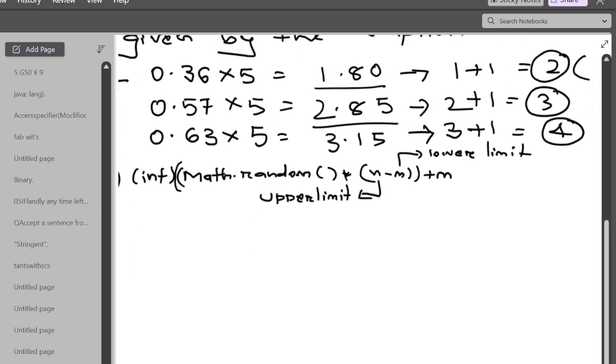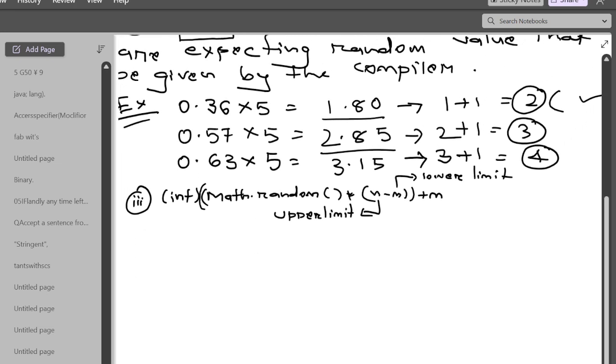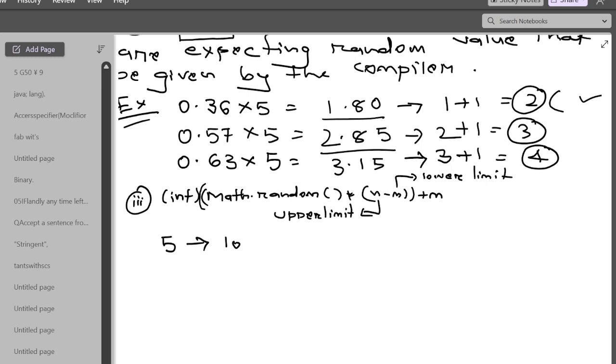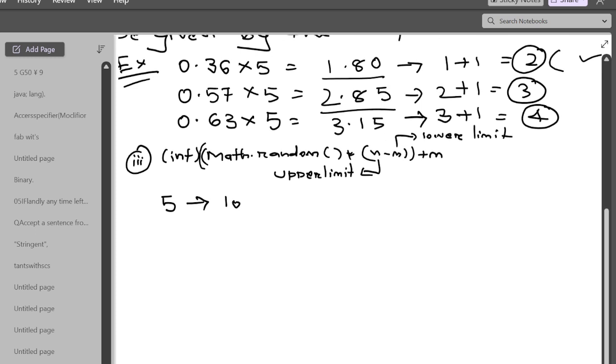Now come to this part. It is very important. Suppose you want random values from a specific limit. Suppose I want random values from 5 to 10. So I will be using this formula. Now how will this formula help me extract the random values? See, n minus m, where n is your upper limit and m is your lower limit.